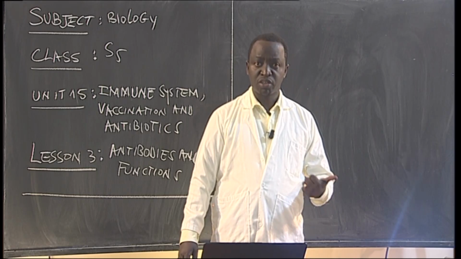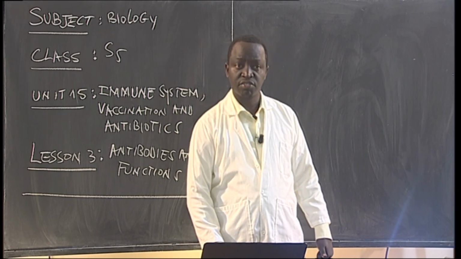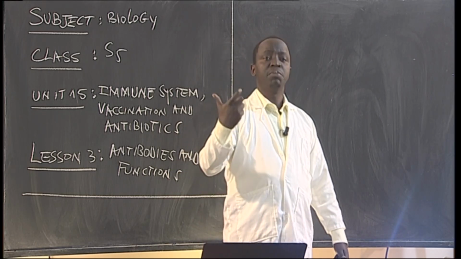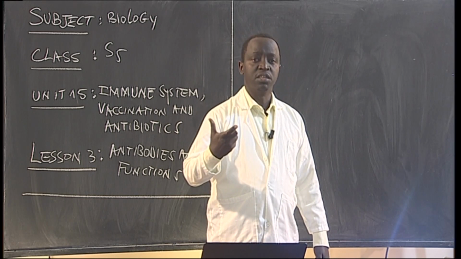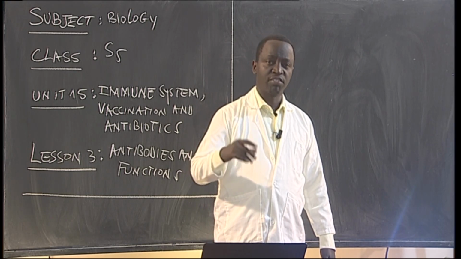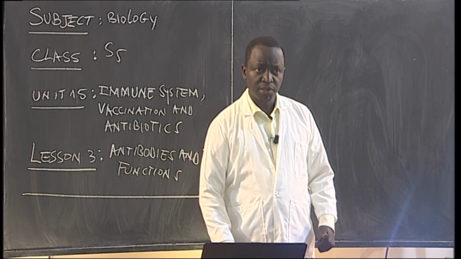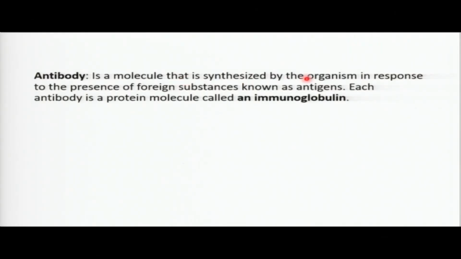Those pathogens have what you call antigens. These antigens are the ones that can stimulate the production of this antibody to work. So antibody is a molecule that's synthesized by an organism in response to the presence of foreign substances known as antigens. Each antibody is a protein molecule called immunoglobulin.